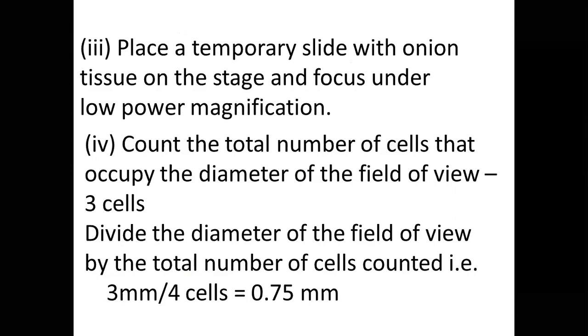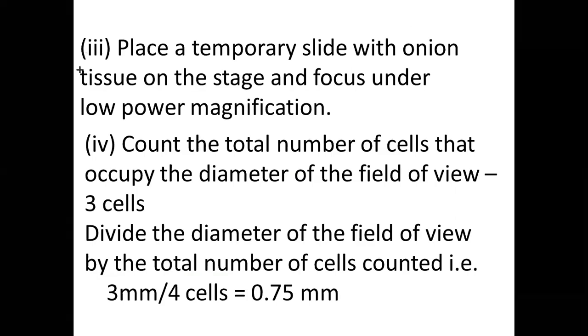Then the next level is the same magnification, the same field of view that you have measured and recorded. Now we place our temporary slide with onion tissue on it, and we count the total number of cells that occupy the diameter of the field of view.